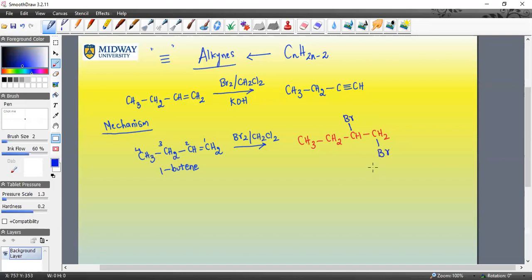Now at this point, I'd like to remind you of a couple of things that you may want to know. One of them is a nucleophile, something we will come back to over and over and discuss. A nucleophile is something that's typically negatively charged, or electron rich.